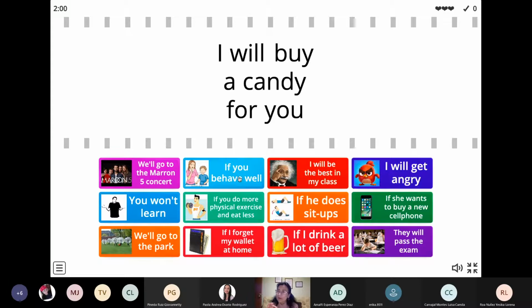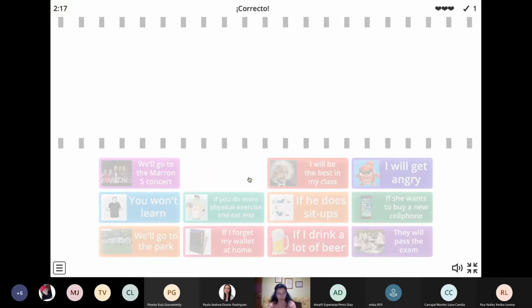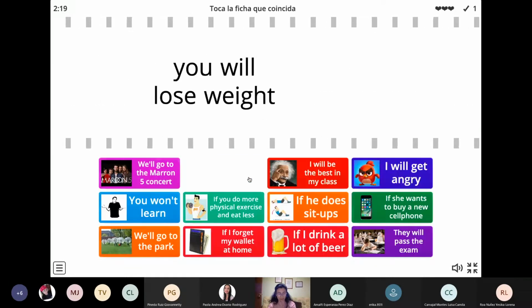Si te comportas bien. Present and future. I will buy, future tense, and behave, present tense. Very good. Now, next one.